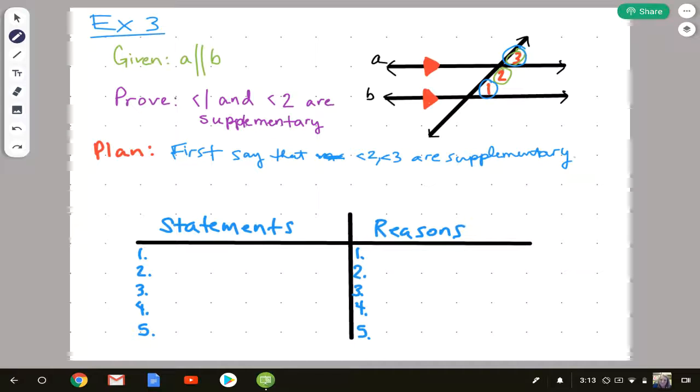And then after that I might say angle 1 is congruent to angle 3. And then we know that if two angles are congruent, then they would be supplements of the same angle. So that would tell me that angle 2 and angle 1 are supplementary.